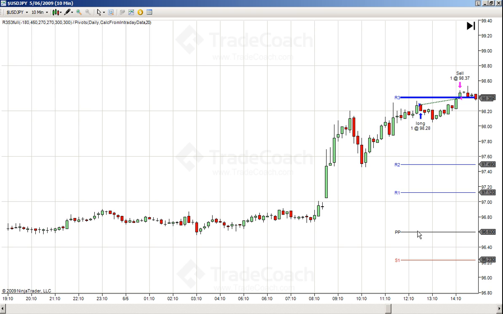Now what if you were to use R3 and S3 in 3 different ways? You used it as a magnet, you used it as price bouncing off it, and you used it as a filter, where for separate systems you only go long or short depending on where price is relative to R3 and S3. So there's, say, 3 variations of that. And there's 8 different currency pairs you can apply this to, and then 3 different ways you can do it. So that's 24 trading plans right there.